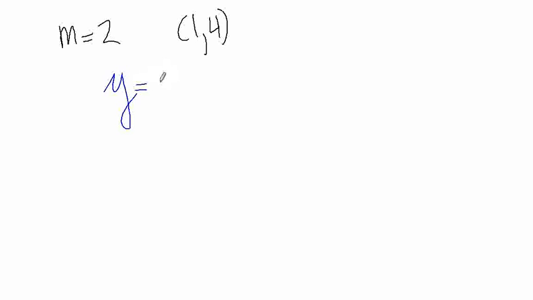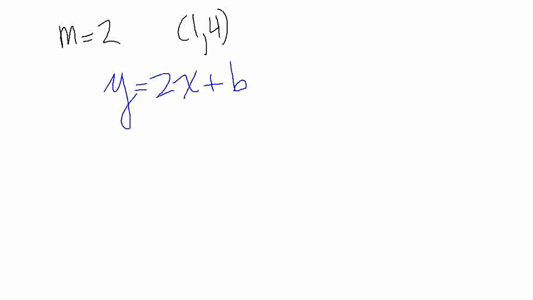So suppose a line had a slope of 2 and it passed through the point (1, 4). So what is the corresponding linear equation, you ask? Well, if we express the linear equation in slope-intercept form, it would be y equals 2x plus b for some b, right? So we got the coefficient already, that's the slope value, and somehow we need to get the b.